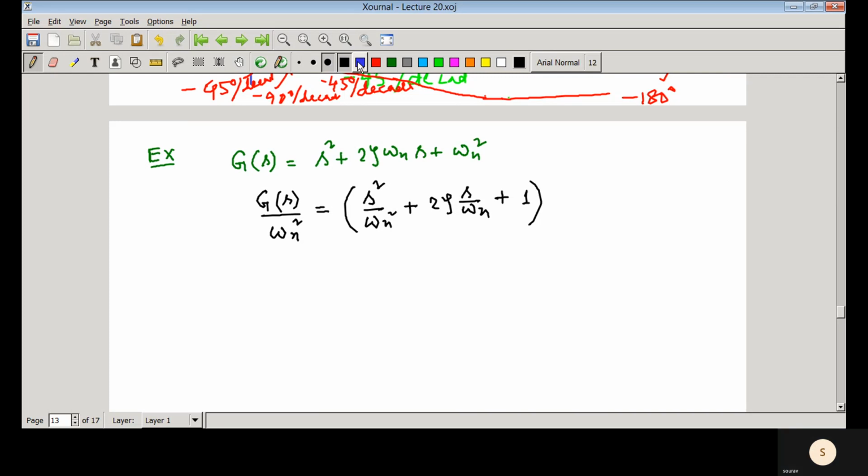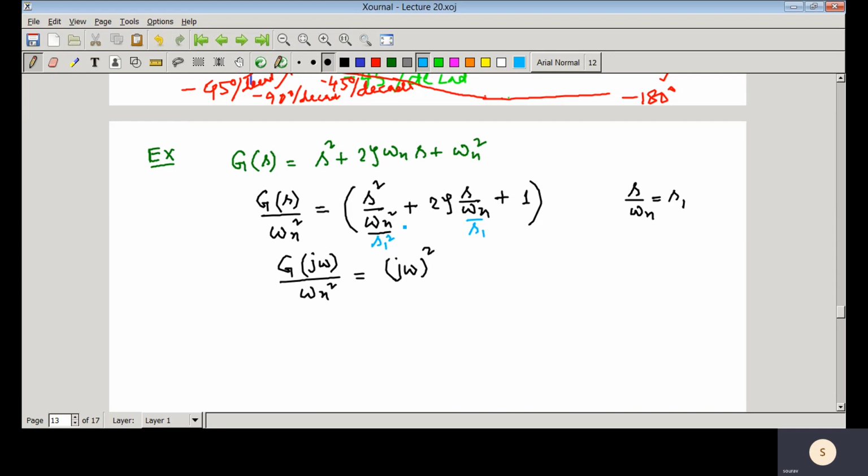Now if we represent s by omega n as s1, then we have s1 square plus twice zeta s1 plus 1.